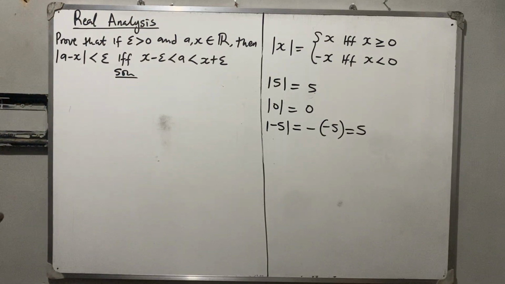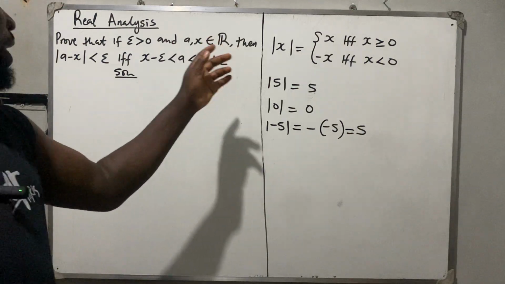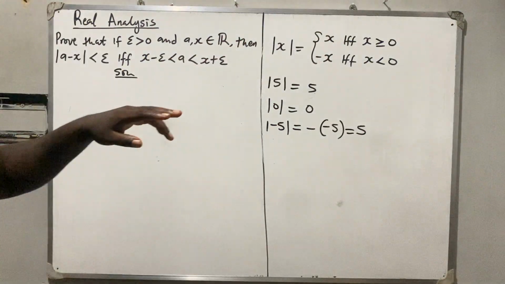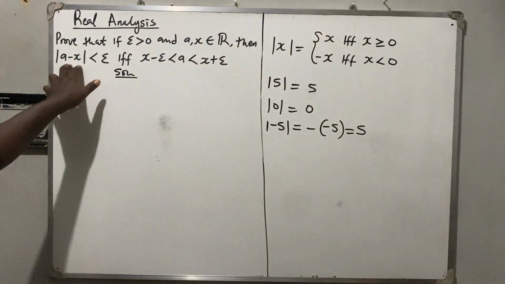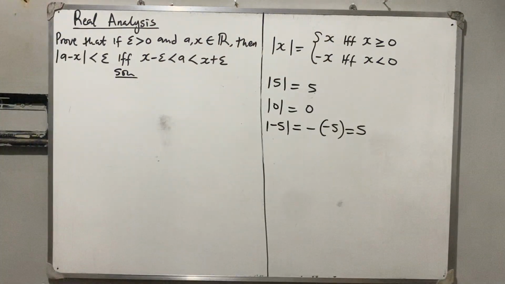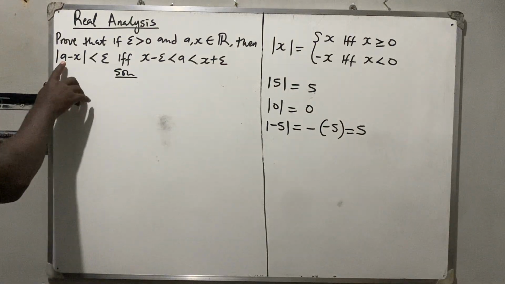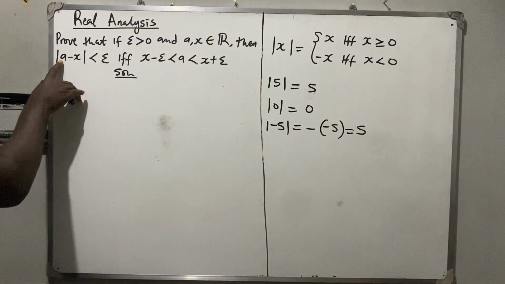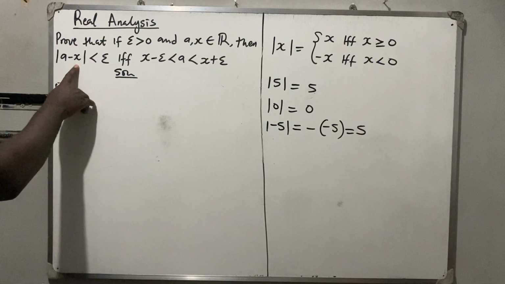Now, we're going to have two cases here. The first case is when everything inside this absolute value is positive, and the next case is when everything inside this absolute value is negative. The only condition that will make everything here positive is if a is greater than x.